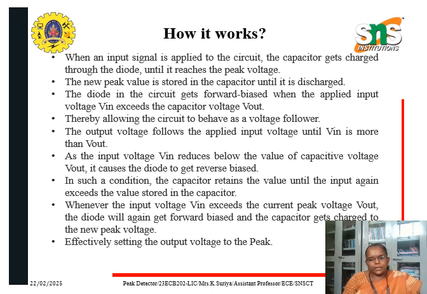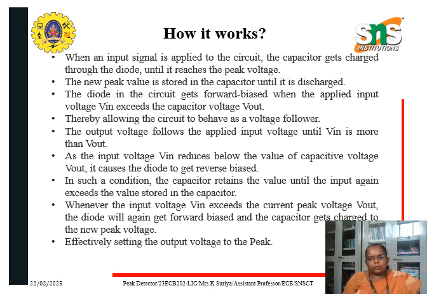Whenever the input voltage exceeds the current peak voltage, the diode will again start to conduct because it becomes forward biased and the capacitor will charge to the new peak voltage value. So efficiently setting the output voltage to the current peak value. So this is how the peak detector circuit works.